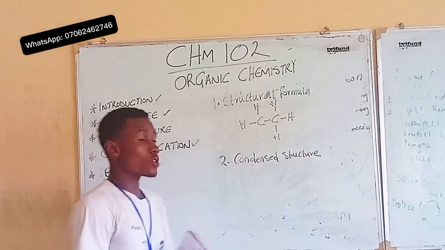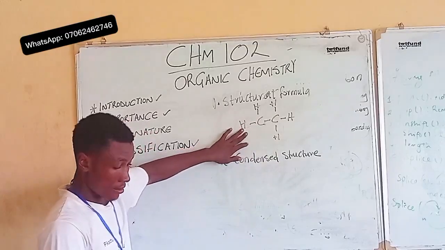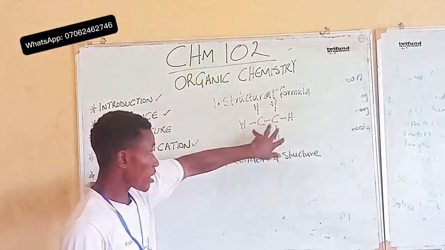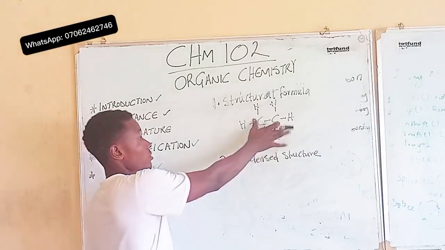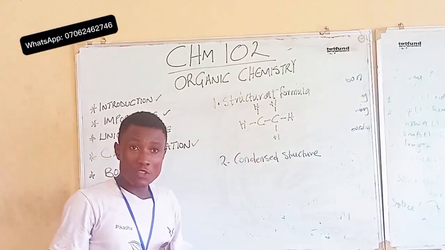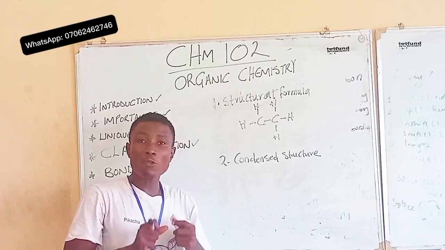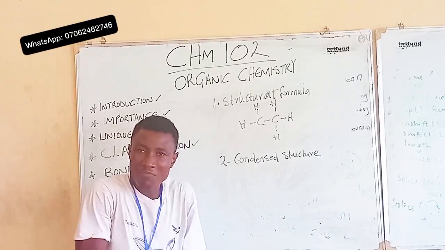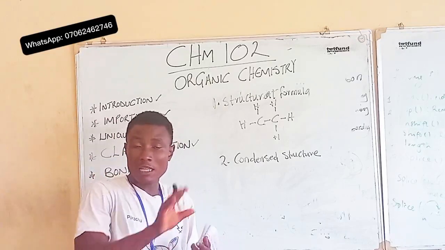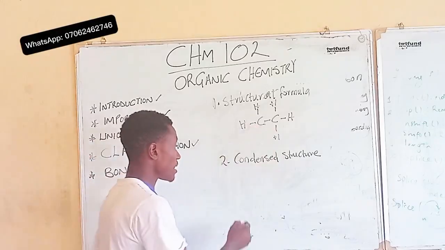What I just wrote here is not ethane. But when it comes to the condensed structure or condensed formula, it is simply writing it in a simplified manner, so that we do not stress ourselves. Imagine you are having an exam and there is not much space for you to write this structure. What you simply do is this.